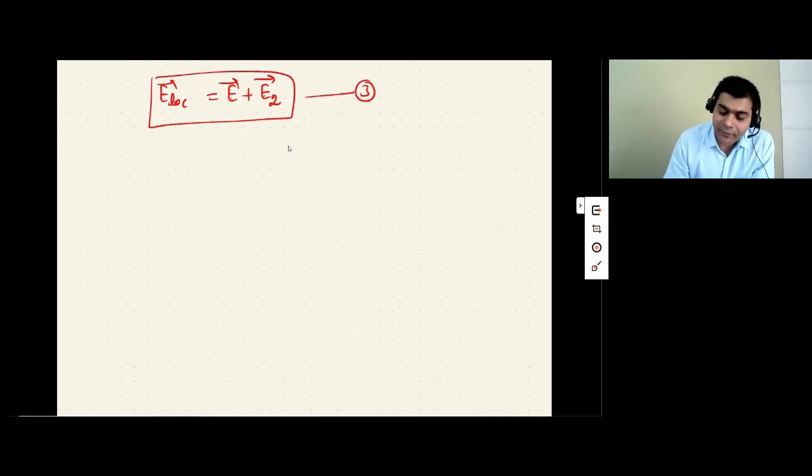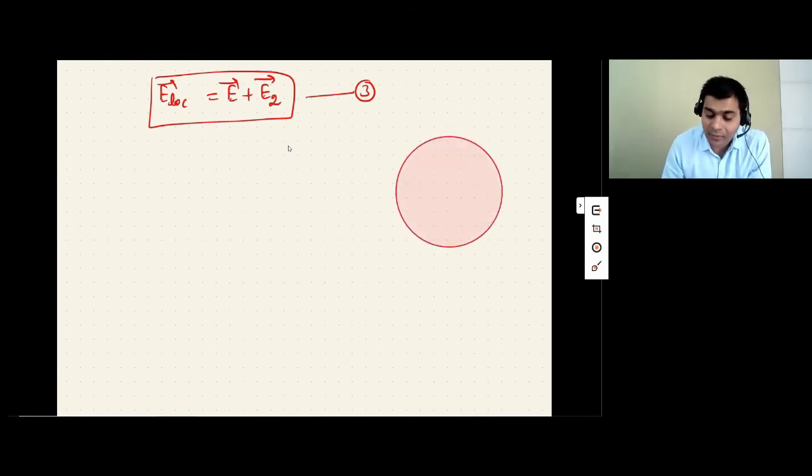To calculate E2, there is a standard procedure by which it can be done. It is given again in several textbooks, but we can calculate it right here as well. Suppose this is the cavity that we are talking about, with the plus charge on this side and minus on this side.